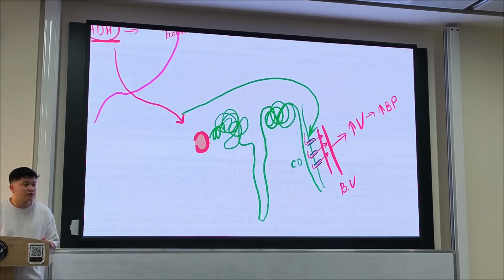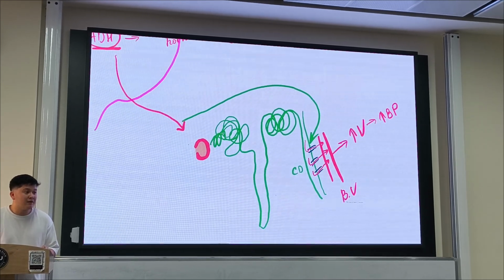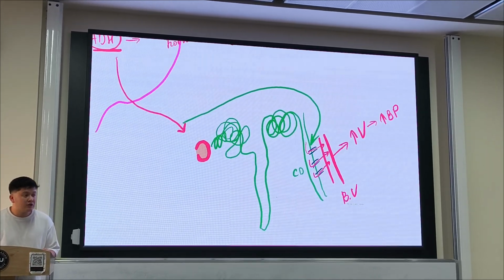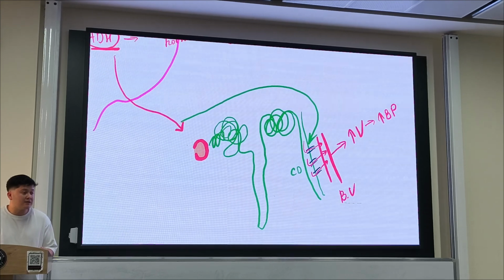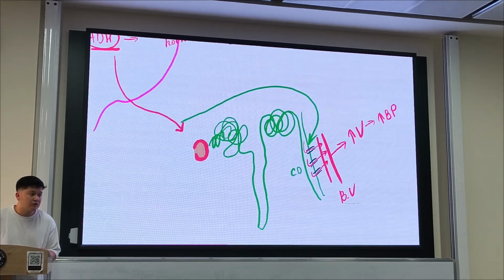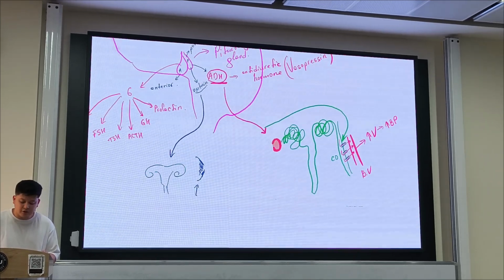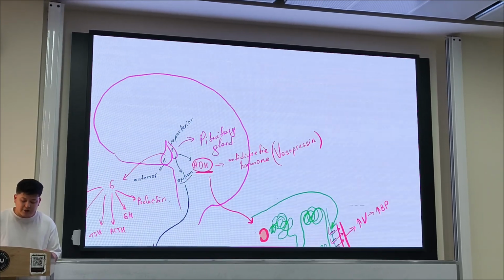We are saving the water from excretion. We are avoiding the excess water. That's how our body is going to function. This is the second mechanism of increasing the blood pressure after aldosterone. Do you remember that aldosterone also increases it? But how is the aldosterone going to take action?